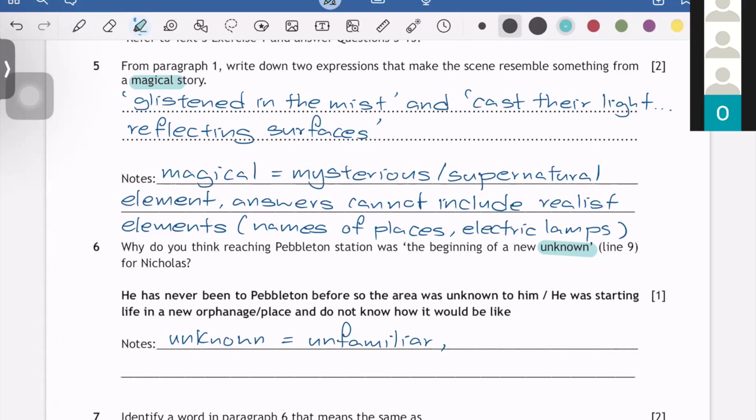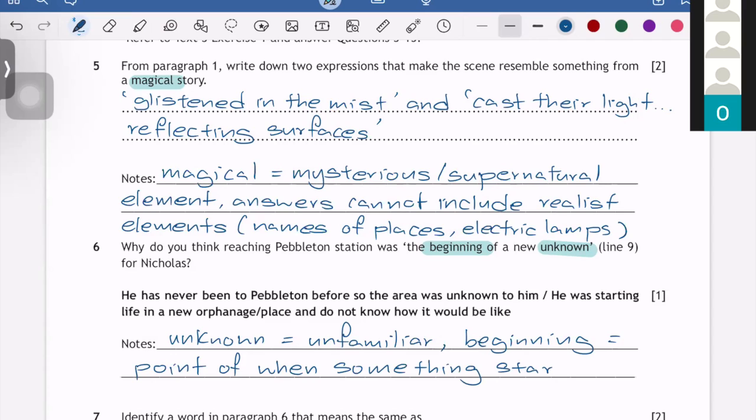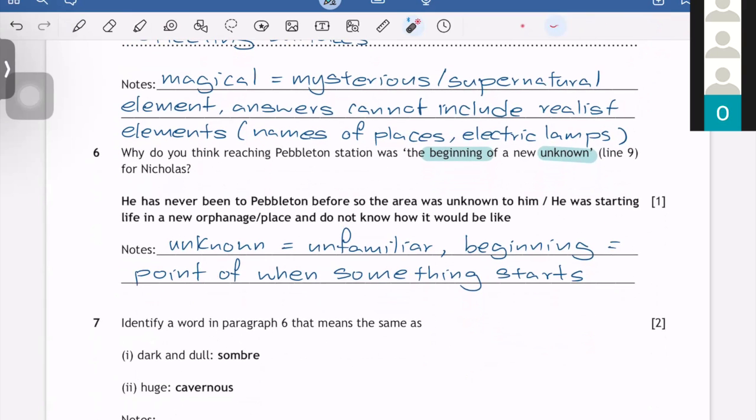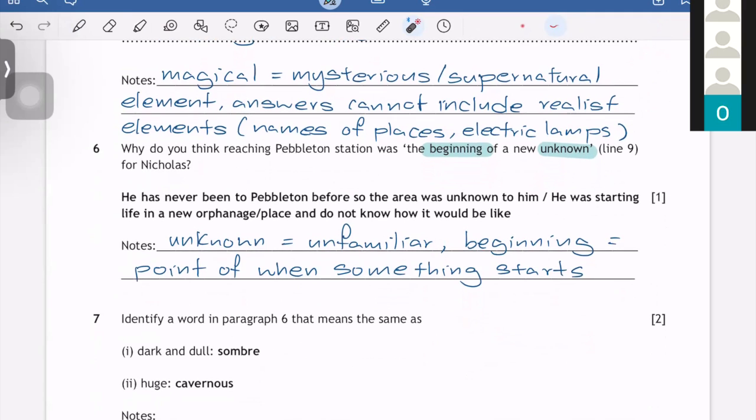And then when they talk about the beginning, this is a point of when something starts. So that is why for the answer, they mentioned that he has never been to Pebbleton because he's unfamiliar with the place. It's an unknown area to him, and he is starting a new life there.